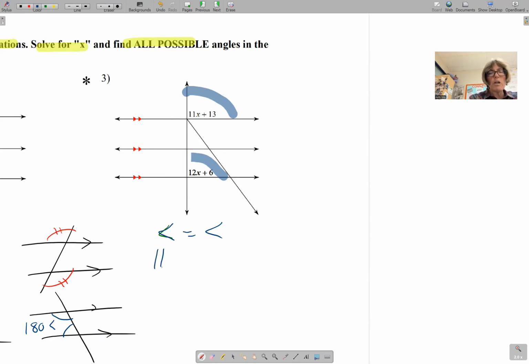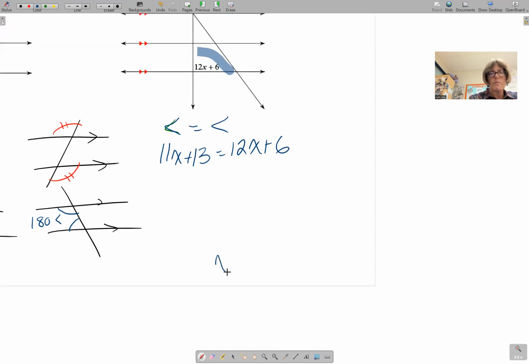So you would do 11x plus 13 equals 12x plus 6. Of course, you solve for x. And then you plug it back in.